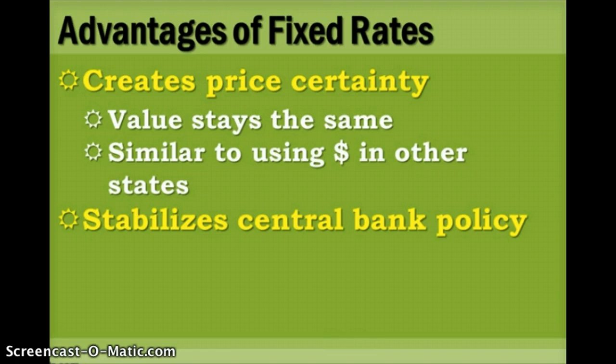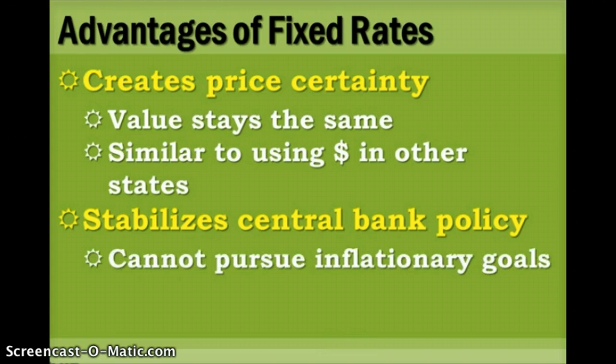It also helps to stabilize central bank policy. The central bank is essentially limited in how it can pursue macroeconomic goals. They cannot pursue a policy of inflationary spending in order to increase aggregate demand, because if they do that, at least in this case that we just talked about, that would lower the price of the hawk and would be self-defeating.